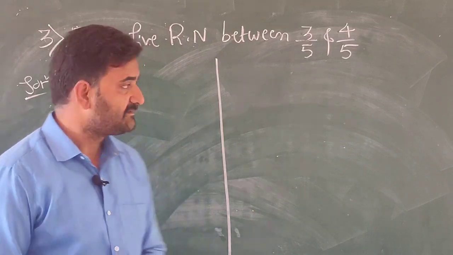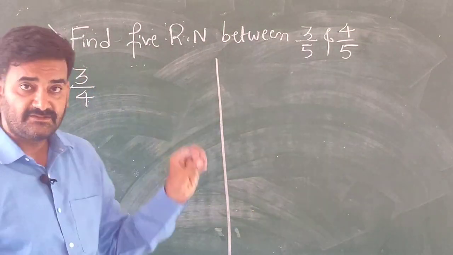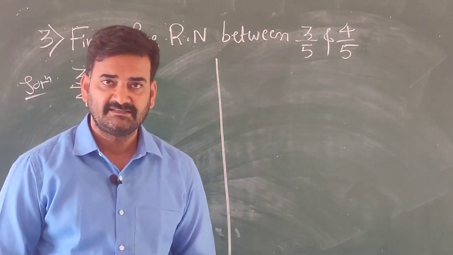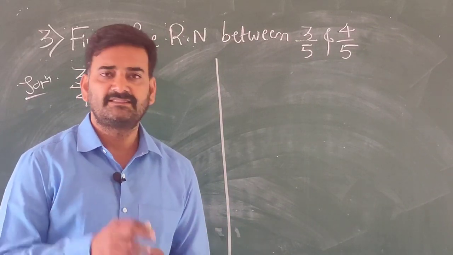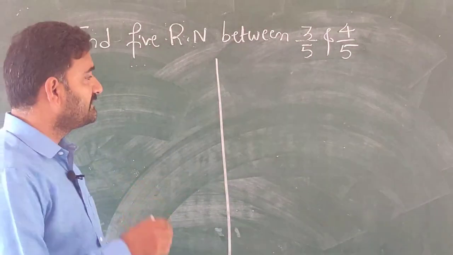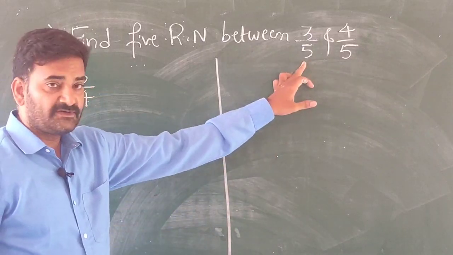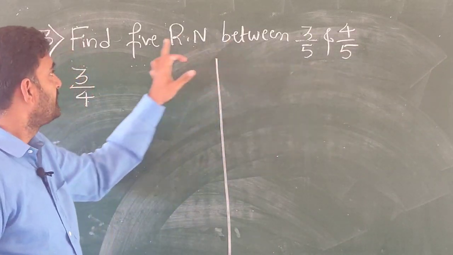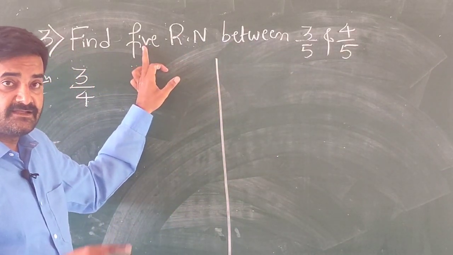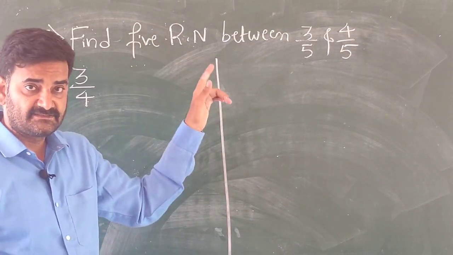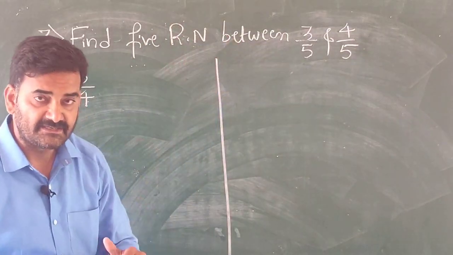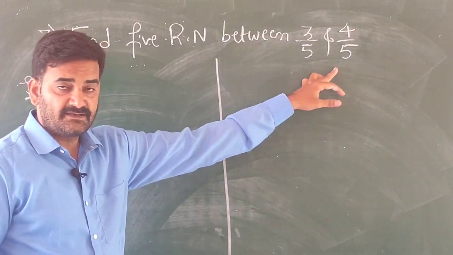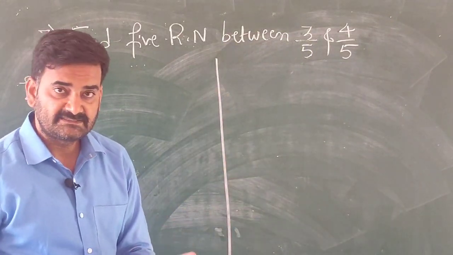In that, we are going to write only 5. So easy. Same method as in the previous problem. Take the first number and multiply and divide by one more than the denominator. After 5, 6. And take the last number, multiply and divide by 6.